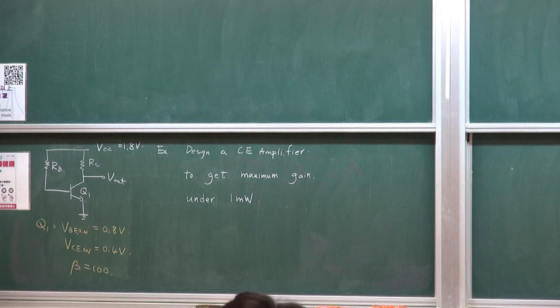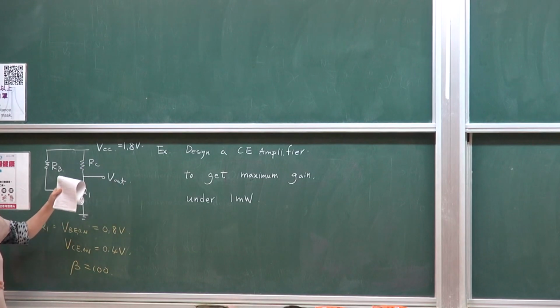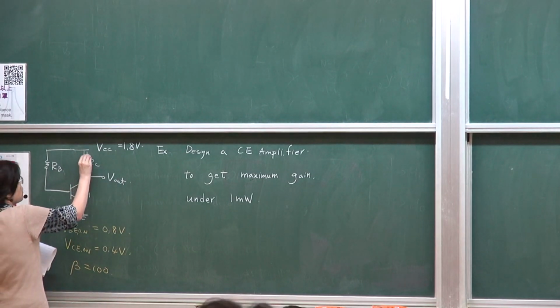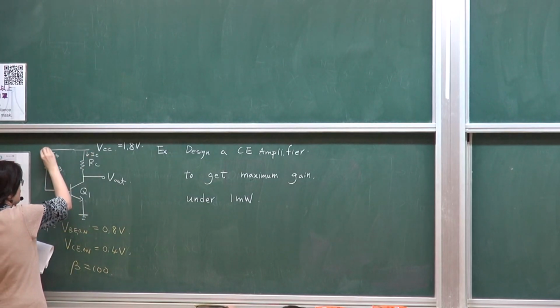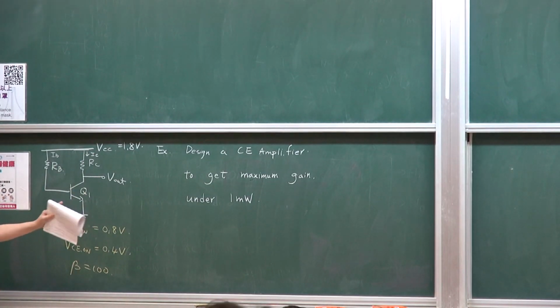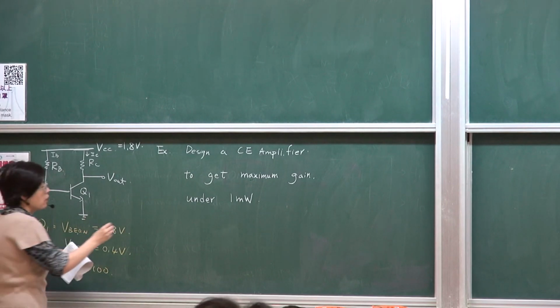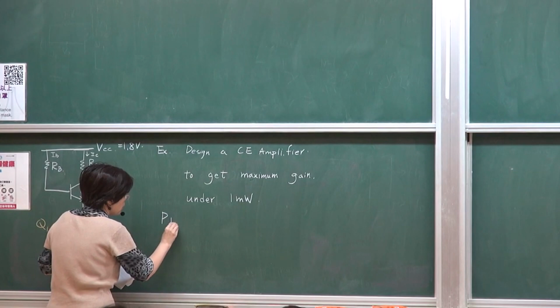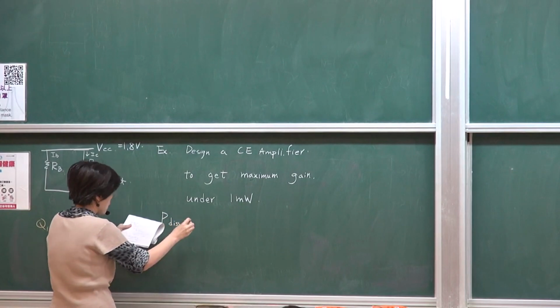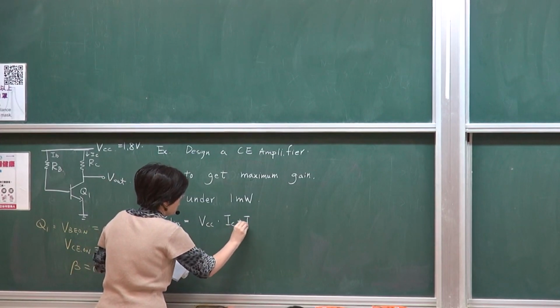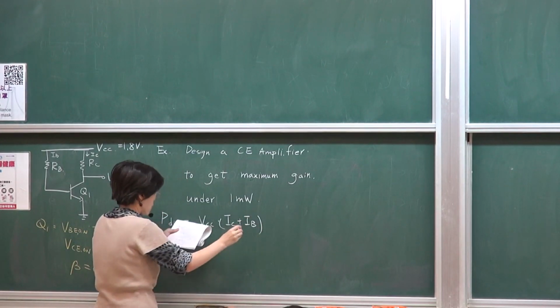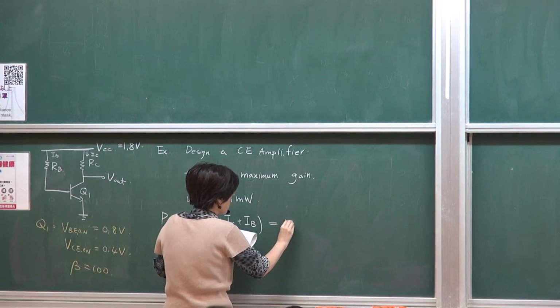So what is the power that we need to dissipate? The power will limit the maximum current. So this is IB, IC. The power will first determine the target biasing current. So power dissipation will be VCC times IC plus IB, which equals 1 milliwatt.